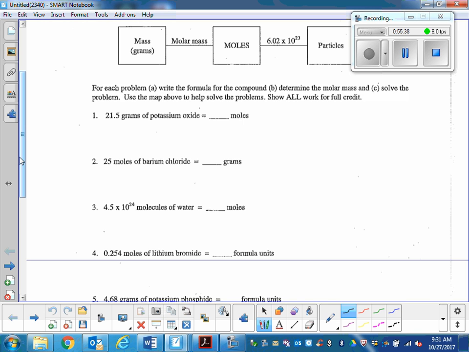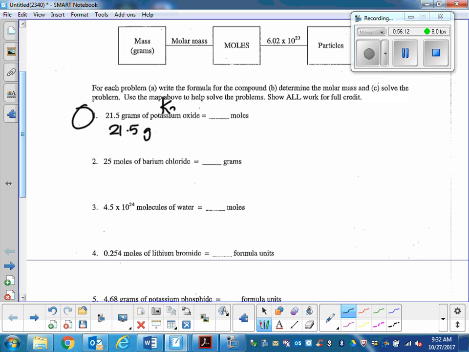Let's look at the first problem. It says 21.5 grams of potassium oxide. What is the formula for potassium oxide? Is it KO? It's K2O. Why is it K2O? Oxygen is a -2, K is a +1.